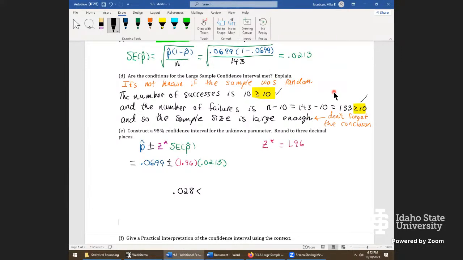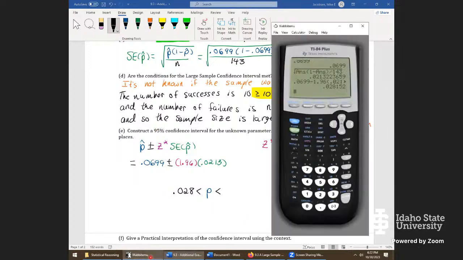I'm going to write this in inequality form because it's always a good idea to emphasize the actual thing you were building the confidence interval for. If you use an ordinary interval, a comma would go in the position where these inequalities are, and you would just state the lower bound and the upper bound. But here we're emphasizing that's the thing we estimated. It's larger than 0.028.